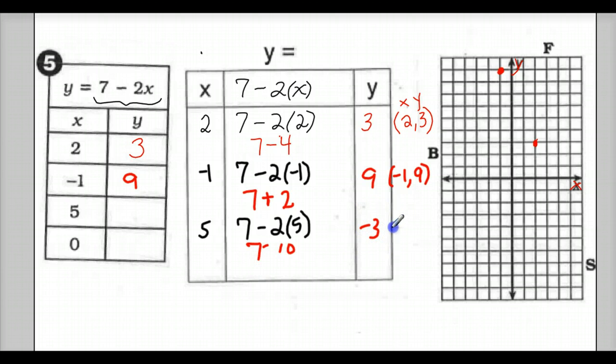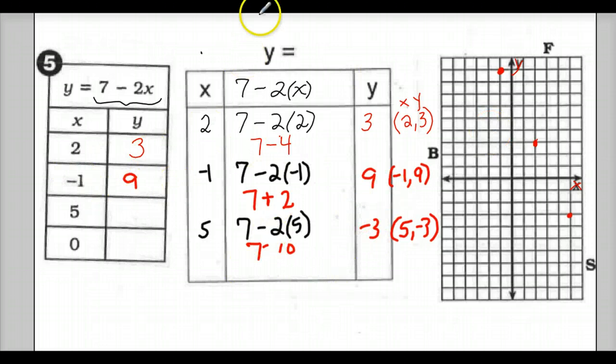So our ordered pair is (5, negative 3). And when we graph that, over here we go over 5 on the x, so that's 1, 2, 3, 4, 5, and down 3. So there's our point.